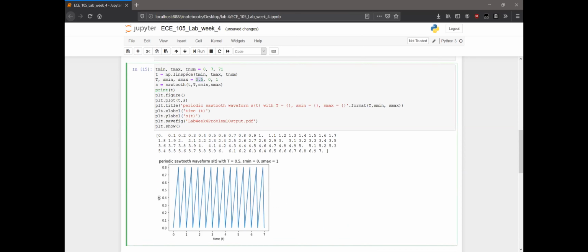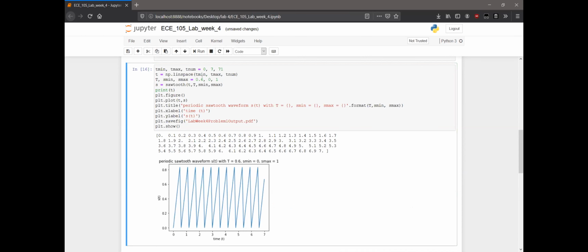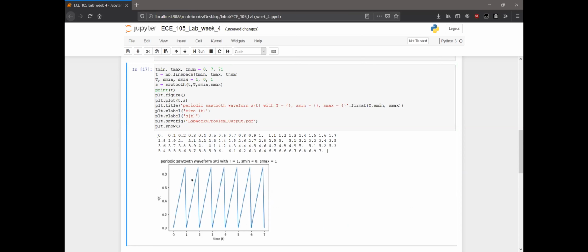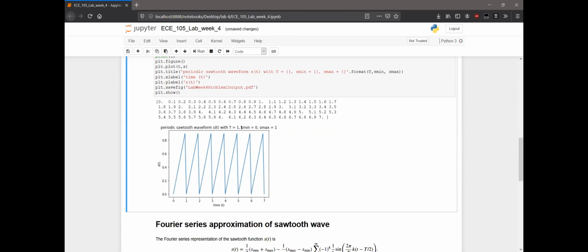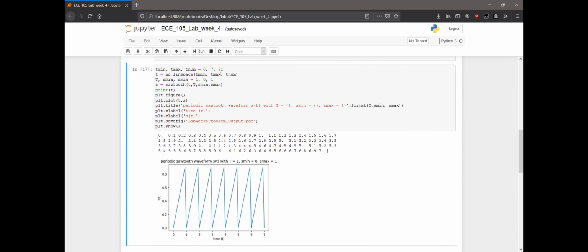So it's not necessarily that your signal will go up to the S max value. But that's fine. I mean, it's all about generating the sawtooth. It doesn't necessarily have to go all the way to S max. Yeah. It depends on what you're taking as an input, but yeah.